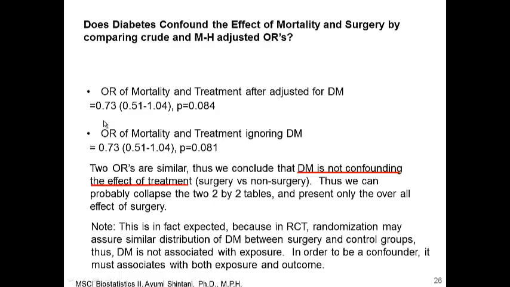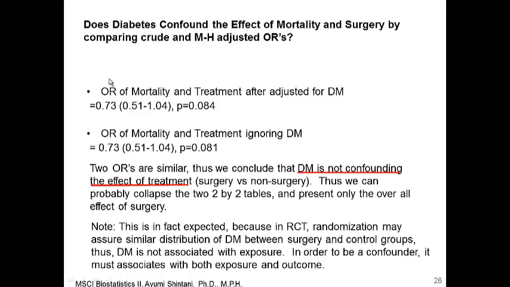So what we just did is, when we split the data by diabetes, we looked at the diabetes-specific odds ratios of treatment, and they are not meaningfully different. Therefore, we tried to combine the two odds ratios, and after we combined, that provided a diabetes-adjusted odds ratio of treatment, and the effect of CABG became 0.73, and we wanted to judge whether diabetes was a confounder or not.